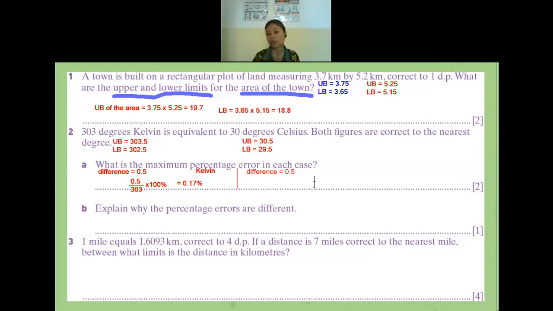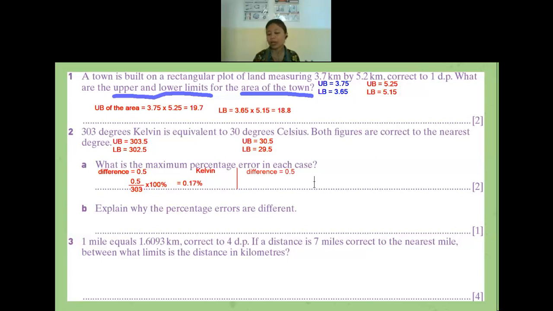Before I move to question 2a, for those who ask me, no, you do not have difficulties finding the value of upper bound and lower bound. Okay. If you have no difficulties, it means you need to find the difference between the number given and its upper bound or its lower bound.